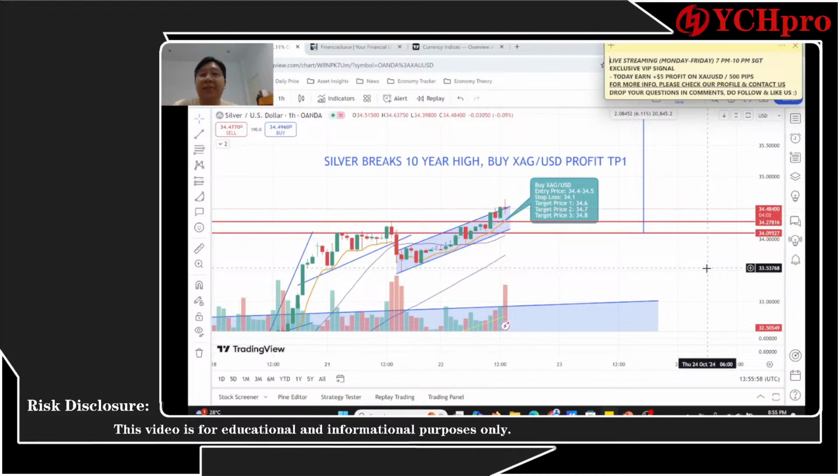So it's a good thing we do manage to take profit out of the trade on the silver trade, because we have already reached our first profit target. That's a very good thing.